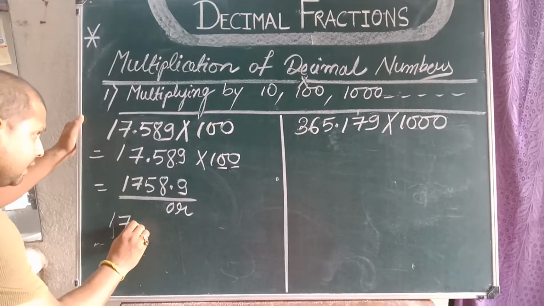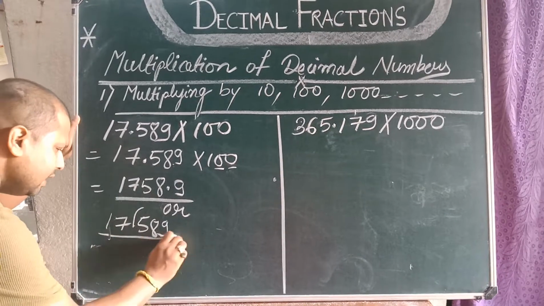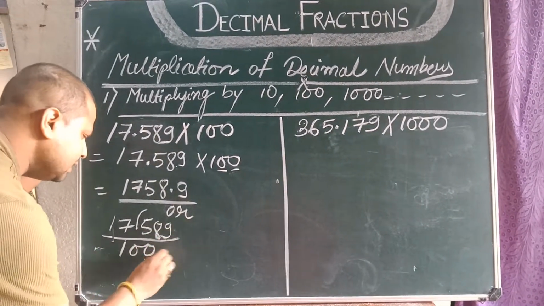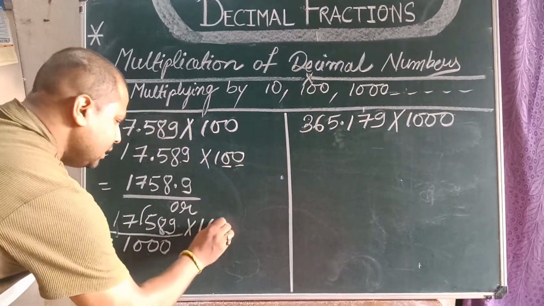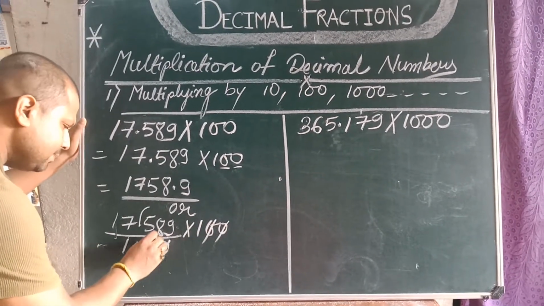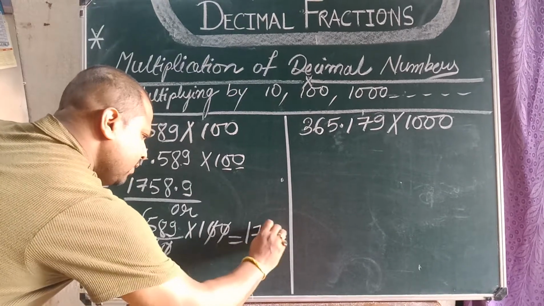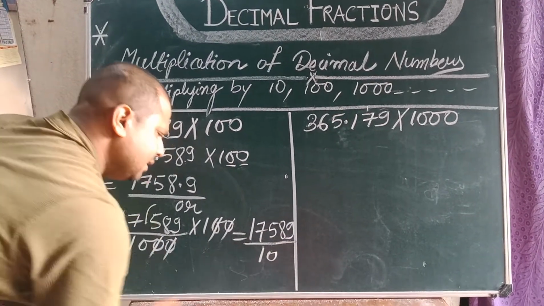Or the second method I told you already. So 17.589 could be written as 17.589 by 1, with 1, 2, 3 digits after the decimal. So 3 zeros will come down, and into 100 we are multiplying, right? So these zeros will be cancelling. How many zeros are left? 17589 by 10.